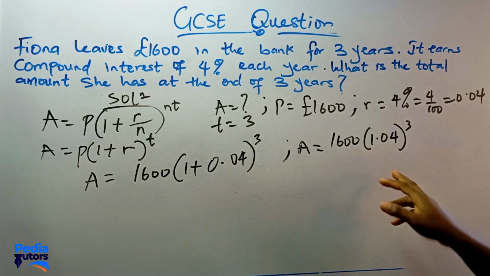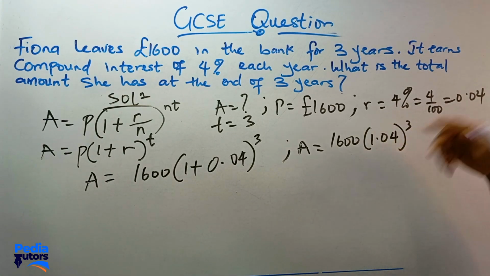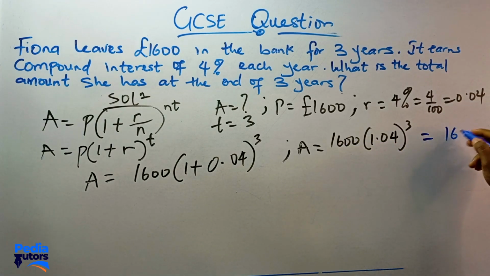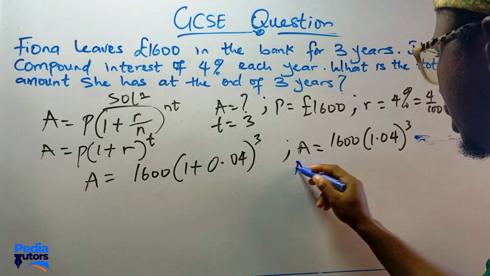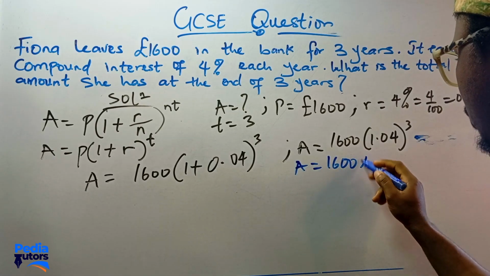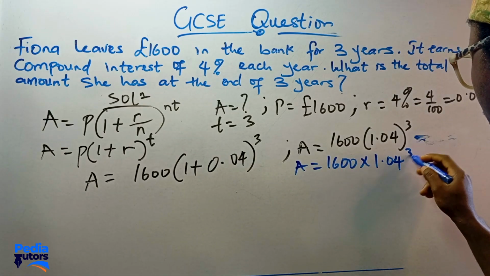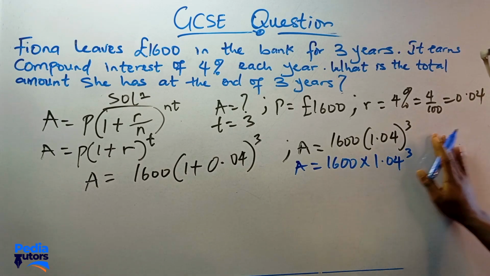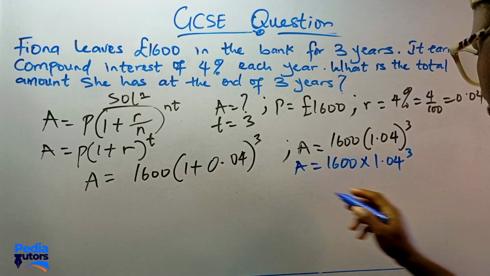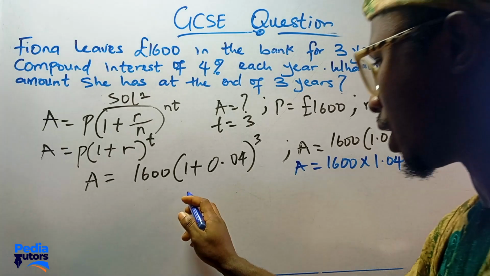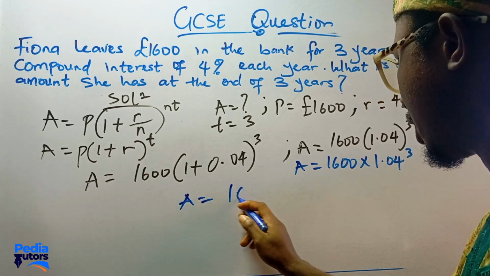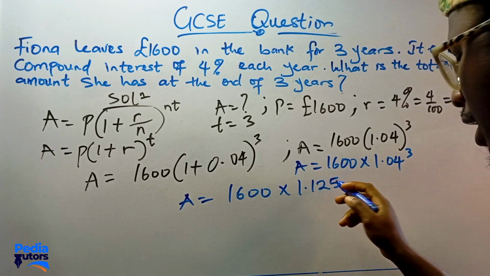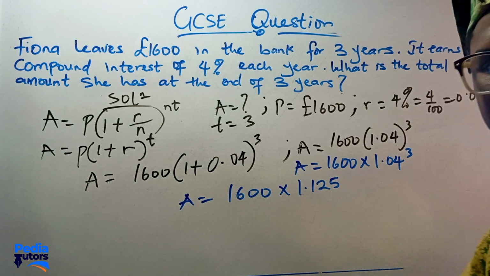Now with all of this, 1.04 raised to power 3 simply means A is 1,600 multiplied by 1.04 raised to the power of 3. Then 1.04 raised to the power of 3 is simply going to be 1.125, to 3 decimal places, so A is 1,600 multiplied by 1.125.